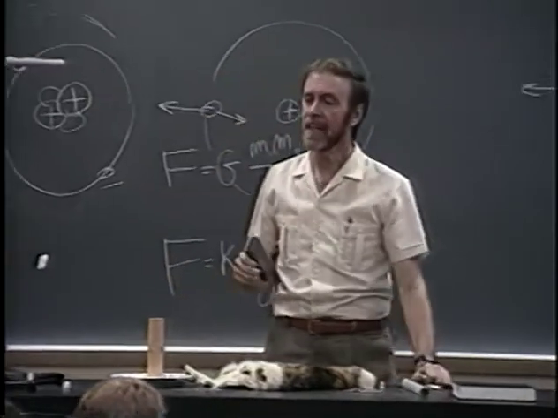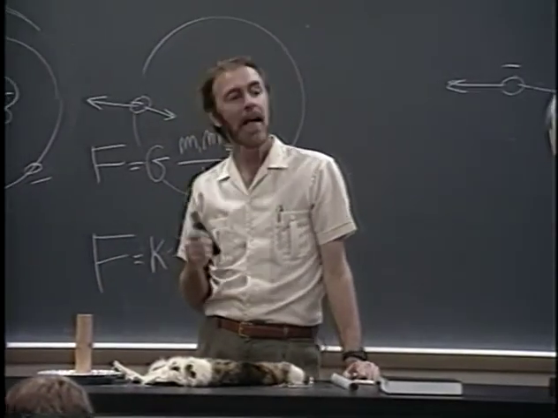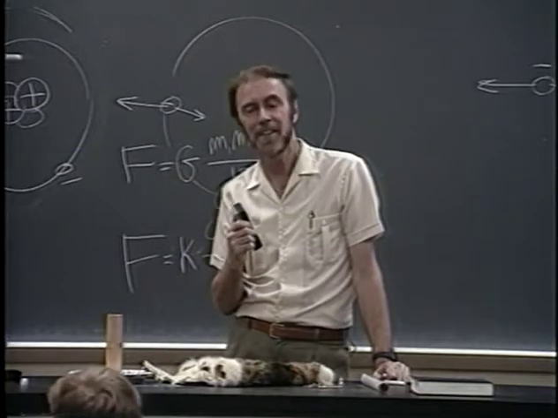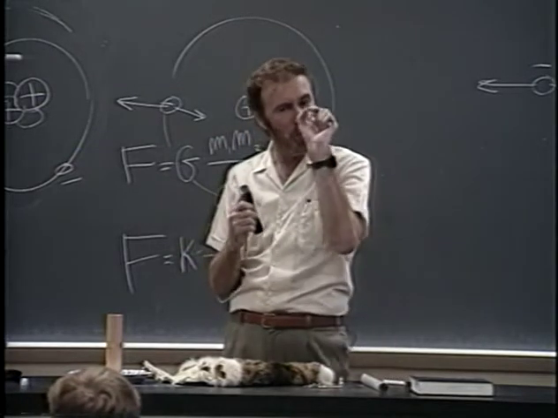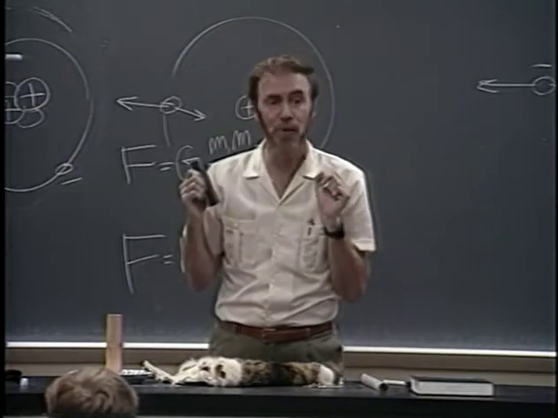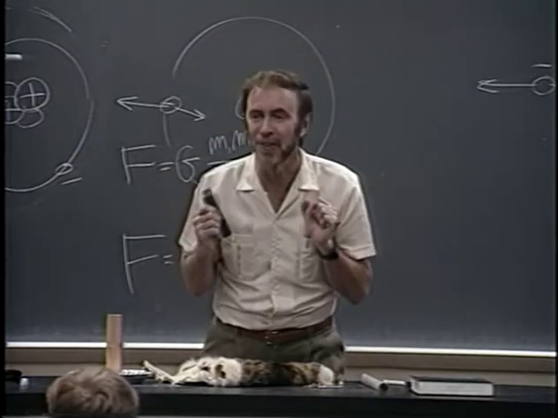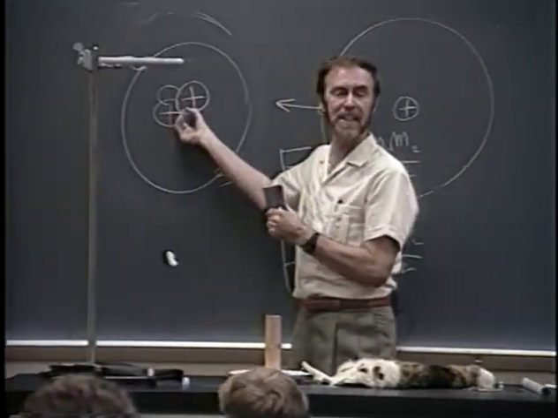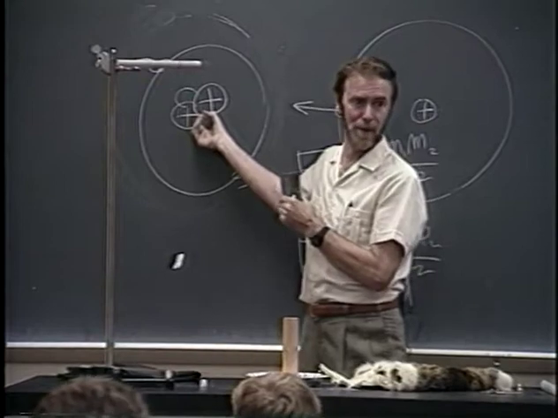Well, it turns out you got to get to the last chapter in the book. And in the last chapter in the book, you find out, honey, there's a force even stronger than the electrical force. Yes, there is, but only up close. And that force is called the strong force or weak force? Strong force. It's called a strong nuclear force. And there's a strong nuclear force that holds these things together in spite of the electrical repulsion.